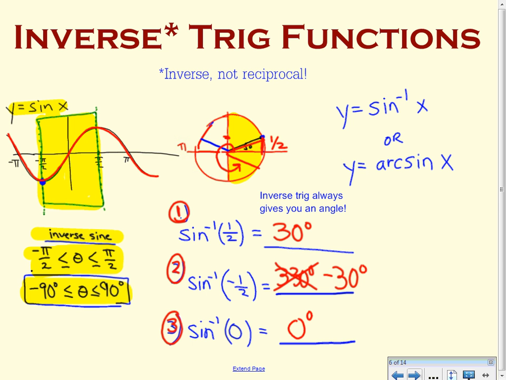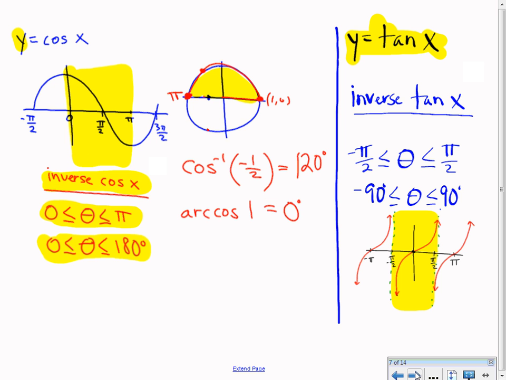So our range for inverse sine is restricted to -pi/2 to pi/2 in radians, or -90 to 90 degrees. In cosine world, the highlighted part is different. For inverse cosine, the range is from 0 to pi, which is the same in degrees as 0 to 180. So we're going to restrict all our answers there.